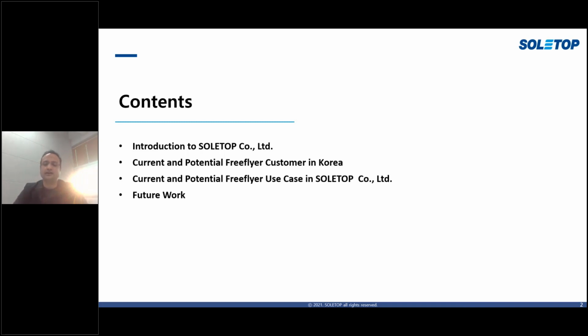But now the transition has started, and Soletop has taken an amazing leap, I would say, to replace SDK with FreeFlyer in Korea. Then we will go for current and potential FreeFlyer use cases in Soletop and other companies we are working with in Korea, and a lot of future work. This is just a beginning, as I mentioned. We have a lot of work to do in this.